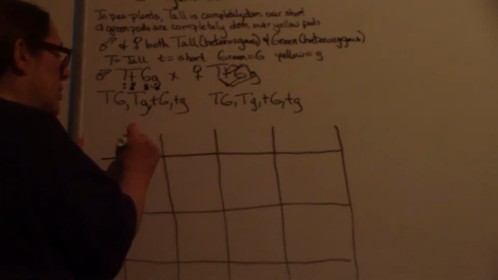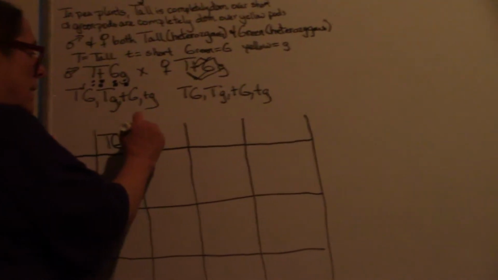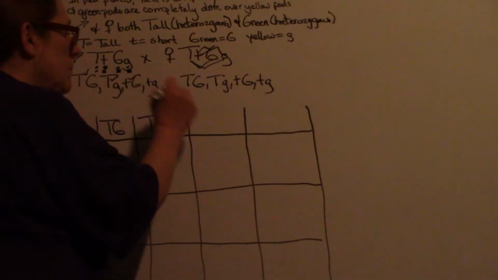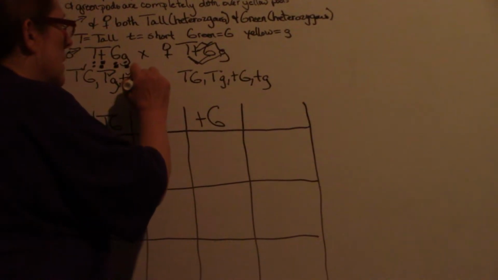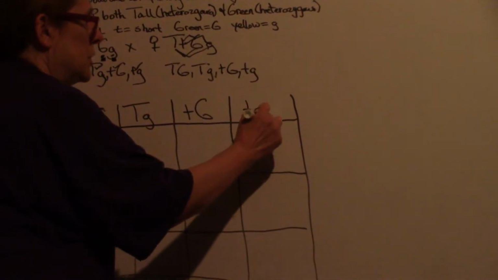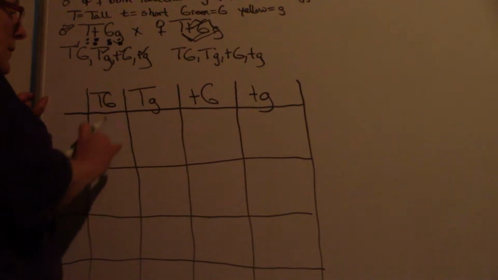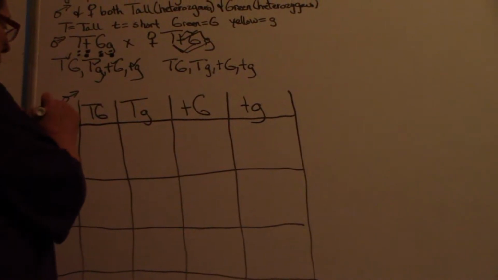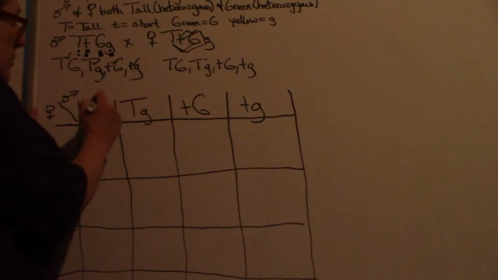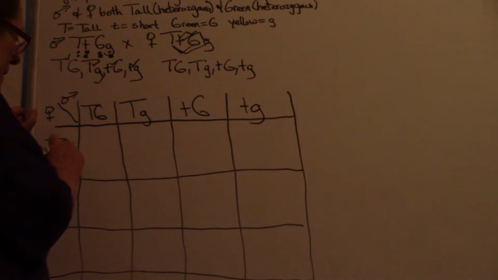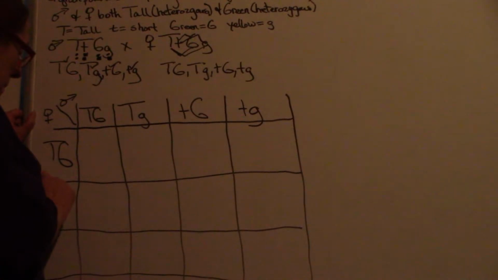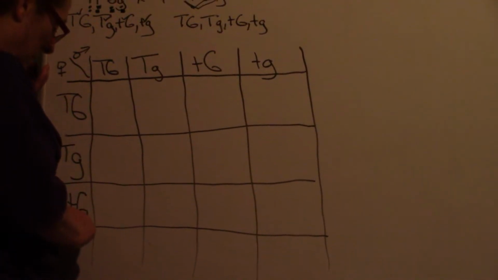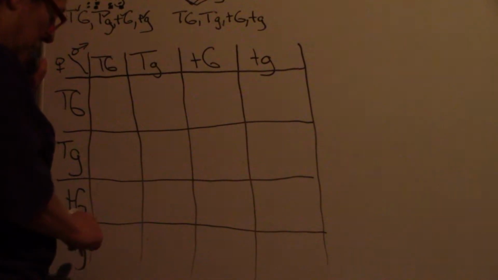Big T, big G, big T, little g, little t, big G, and little t, little g. Same down this side. So this is, let's say, the male. And this can be our female. So, again, big T, big G, big T, little g, little t, big G, and little t, little g.